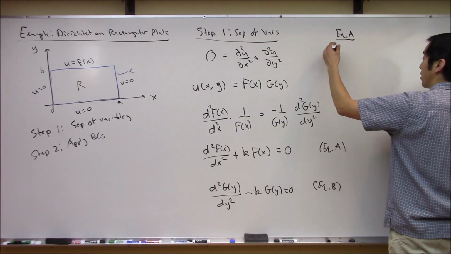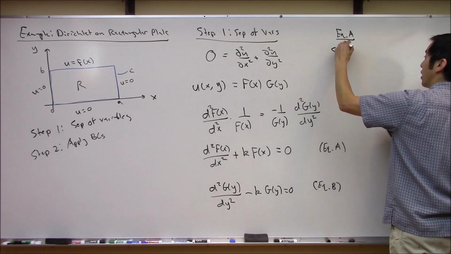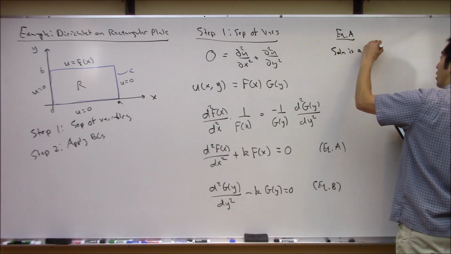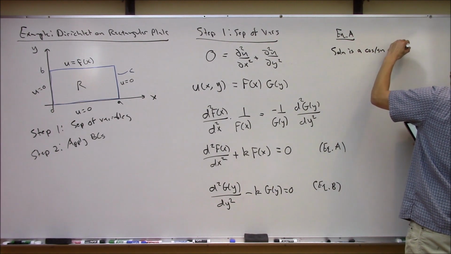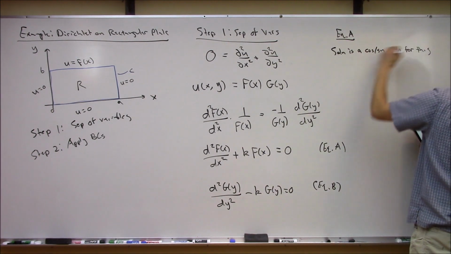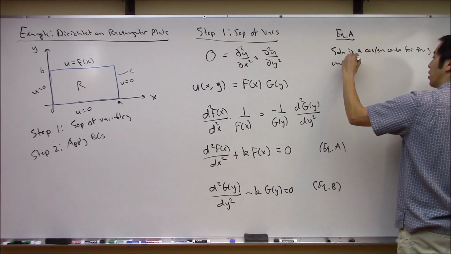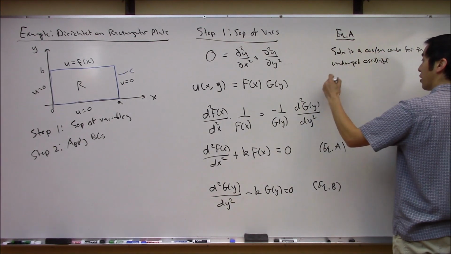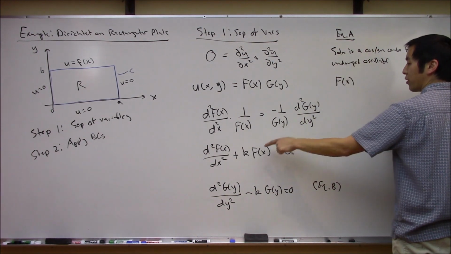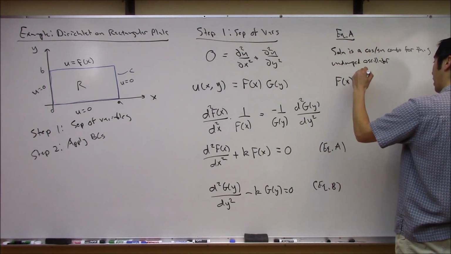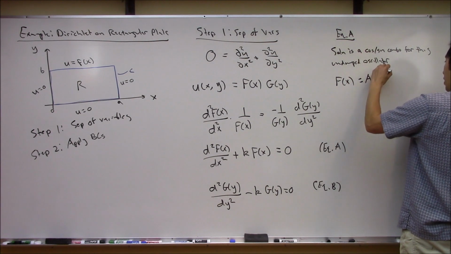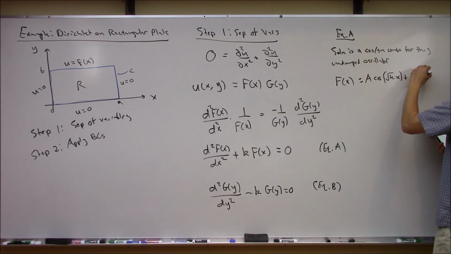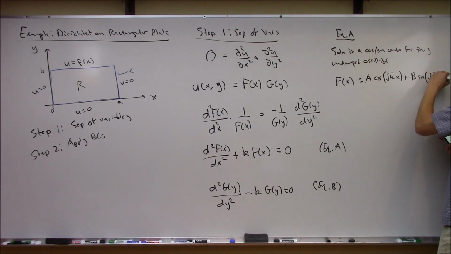We can say the solution is a cosine/sine combo. In other words, f of x, that's going to solve this differential equation, is going to be a cosine of square root k x plus b sine of square root k x.